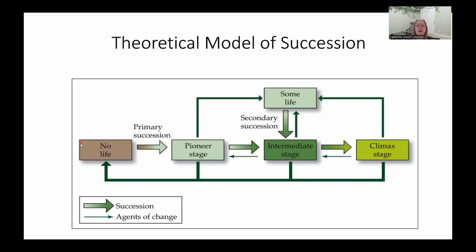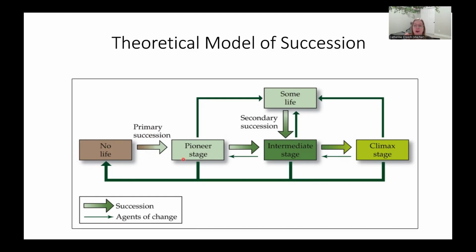So here is our event. Let's say that Mount St. Helens erupted and there's this massive lava flow and it just wiped out a whole area. And now we have bare rock. So this is primary succession occurring on that bare rock. The first thing that's going to happen is pioneer species are going to move in.